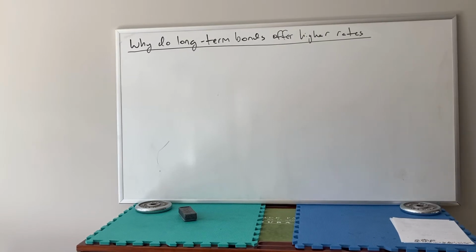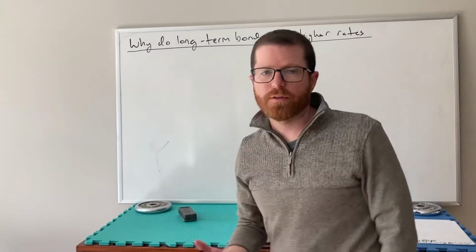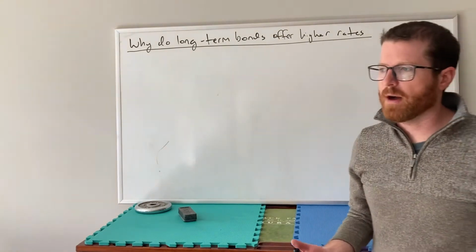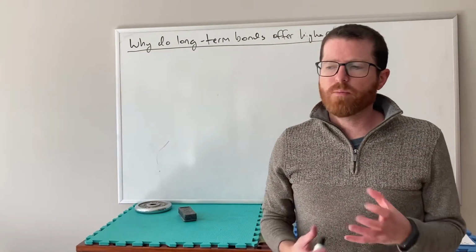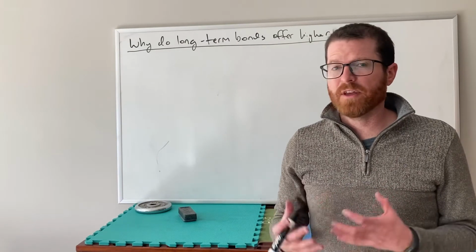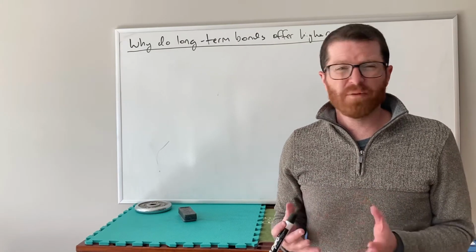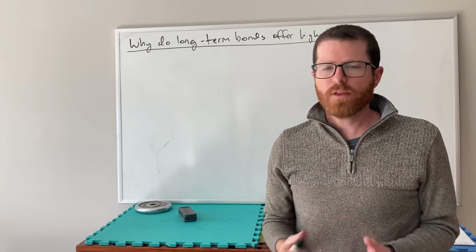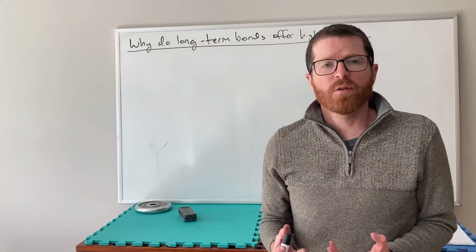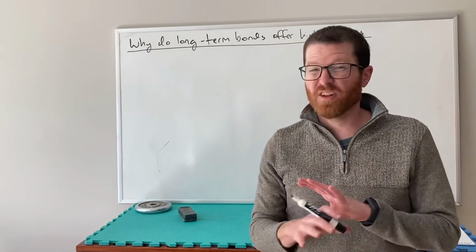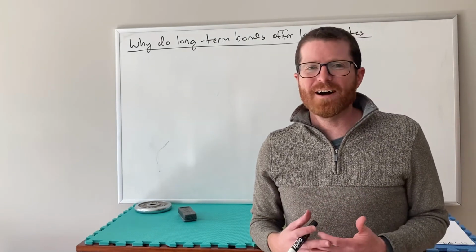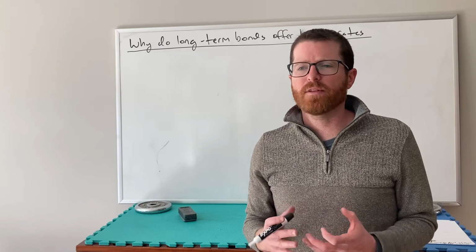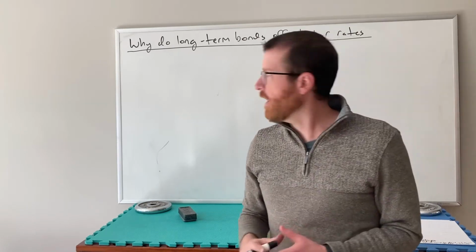Okay, so we have this little puzzle, and that puzzle is that interest rates on long-term bonds are usually higher than short-term bonds, and it's not really borne out by just thinking about the expectations theory, so there must be some other answer. And we think we kind of have a good feel for what that answer is at this point. Like I said, there's a lot of research that's been done on this, and there's no way to really prove what's causing it, but we do have some ideas, and some of these are, I think, kind of obvious, okay?